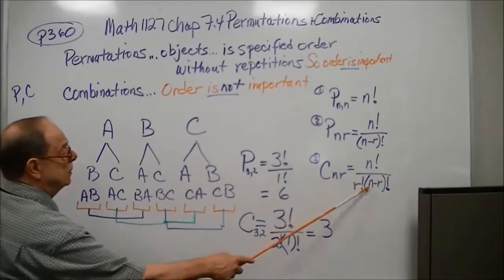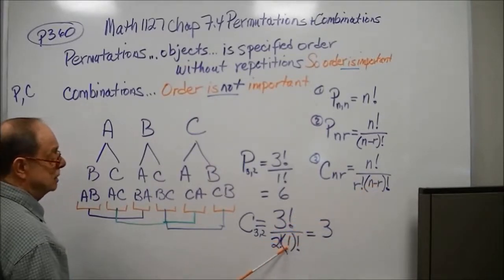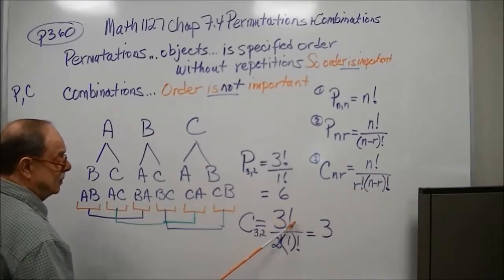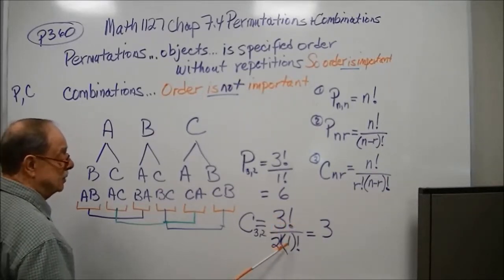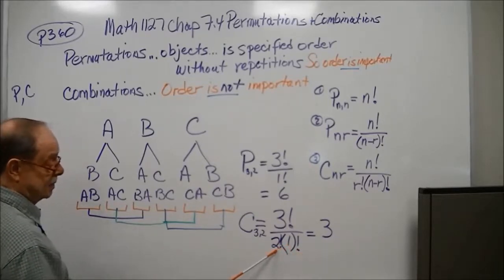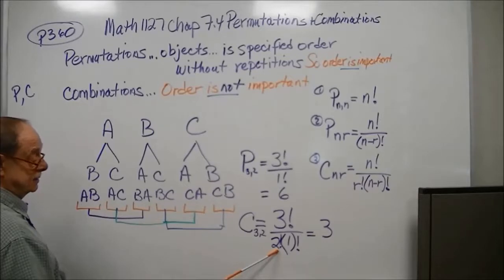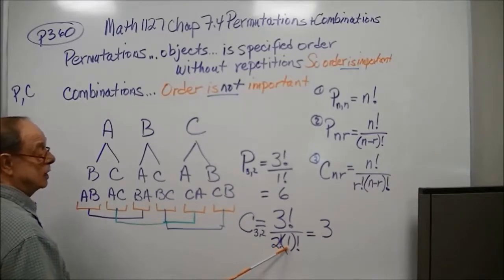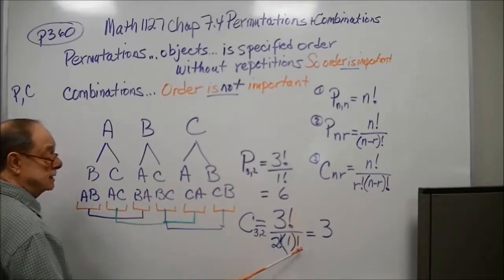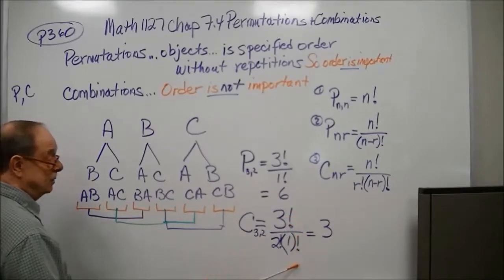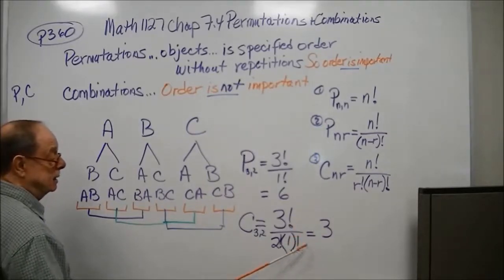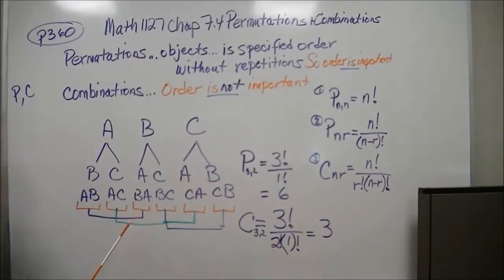And then 3 minus 2 is 1. So we get 3 factorial divided by 2 factorial times 1 factorial. And I don't know if you recall, 2 factorial is 2 times 1, which is 2. This is 6. 6 divided by 2. And again, put this in your calculator. Even though this one you could do mentally, the answer is 3. And that's what we have here.